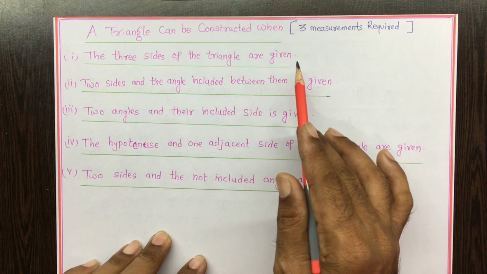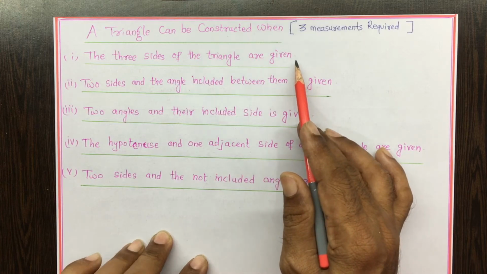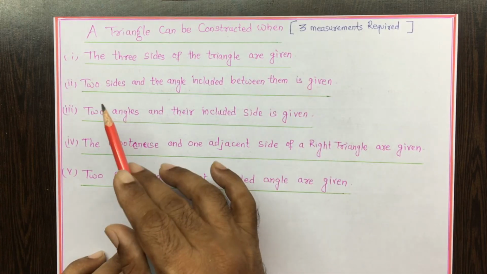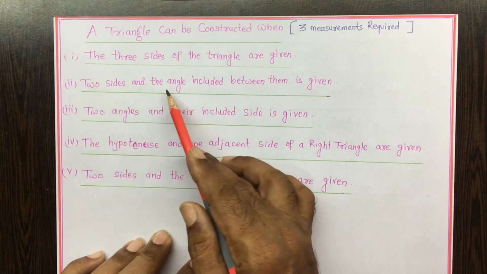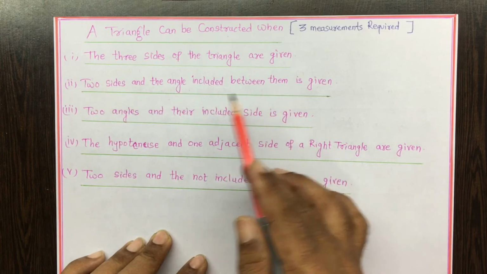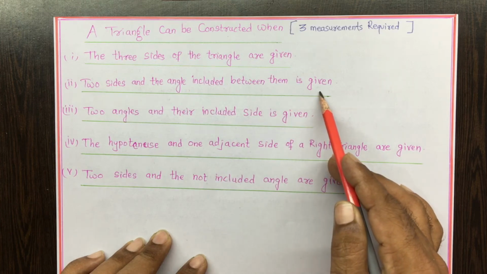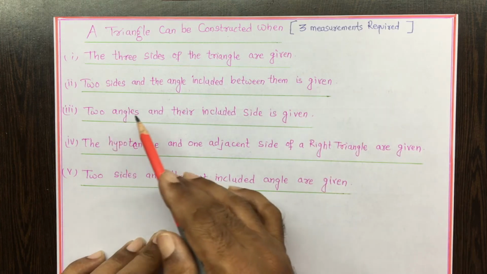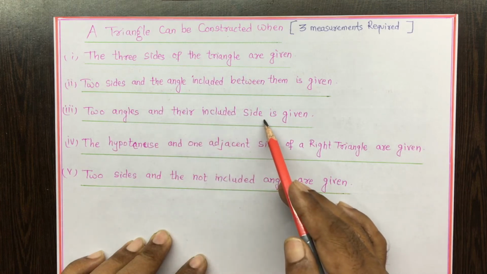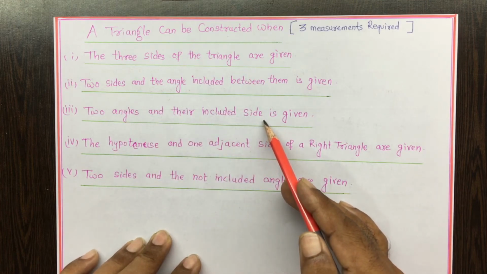The second type, the 2 sides and one angle included between the 2 sides are given, that case also we can construct. The third type, 2 angles and their included side are given.